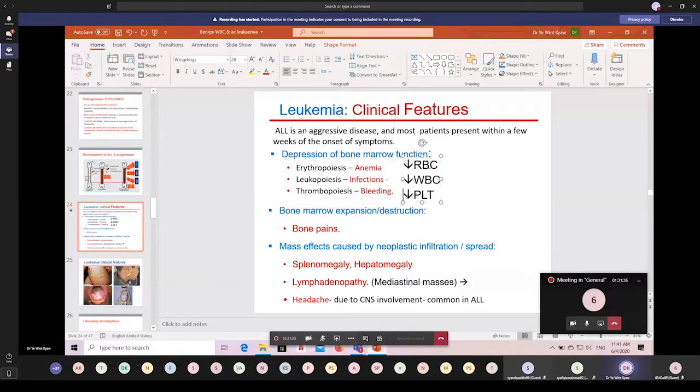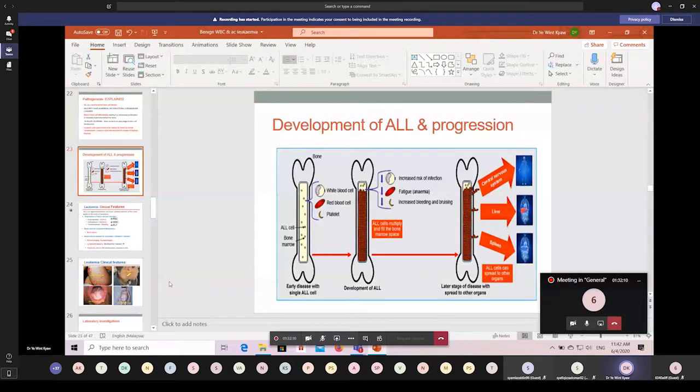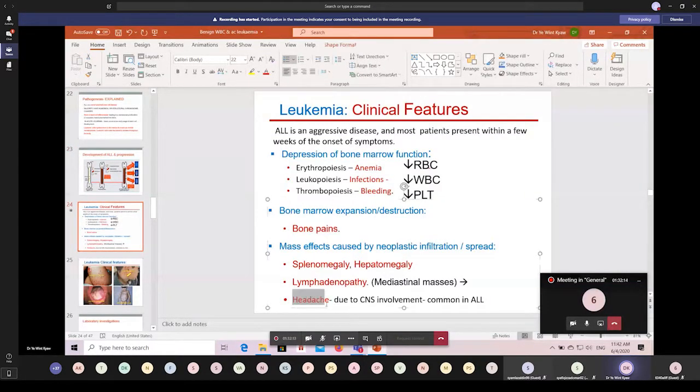Another one, reduced platelets can cause bleeding. Another one, bone pain because of marrow expansion. Because of neoplastic infiltration, hepatosplenomegaly and lymphadenopathy. It can also spread to the CNS, presenting with headache.